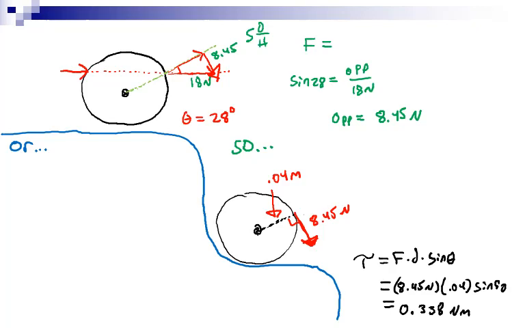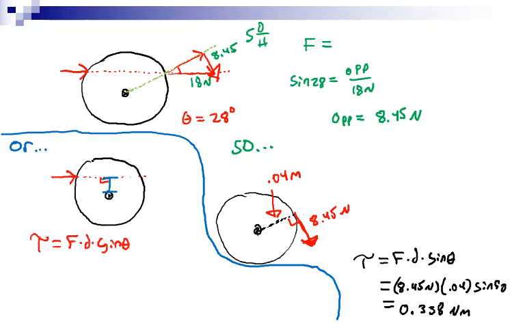The other way to look at this is to look at the lever arm. So in other words, as we push this, the torque here will be caused over this lever arm length. And so we could break this up to find how long that is.